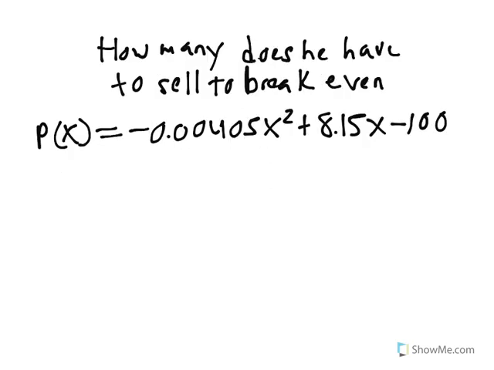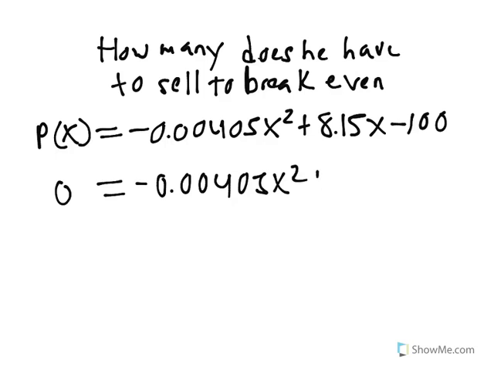For the second question, how many does he have to sell to break even? We're still using this profit function because it's modeled by this quadratic equation, but he's breaking even. So what that's saying is the profit is going to be 0. So we're going to substitute in 0 for his profit, and we still have the same profit function.